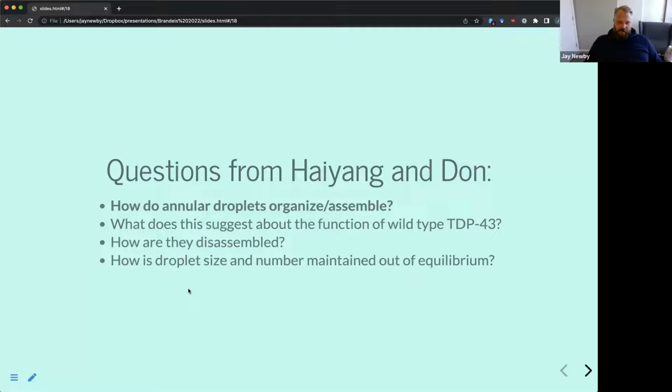And how are they disassembled, and how is their size maintained? There's some notion here that ATP would be required for these droplets to be stabilized. So that's the energy input that's required here. All right, so we're really just going to focus on this first question now. How do annular droplets organize and assemble?